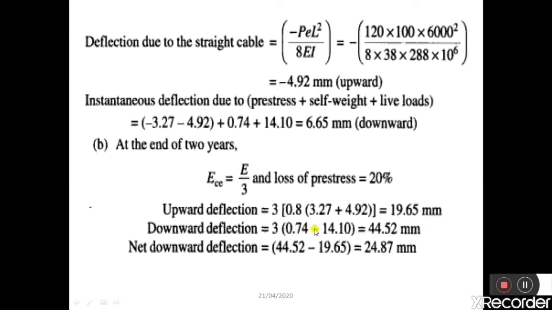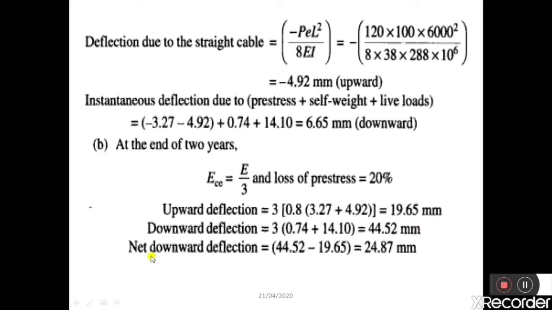So 0.74 is the deflection due to self weight, 14.10 is the deflection due to live load. So both deflections are in downward direction. So total downward deflection is equal to 3 Young's modulus into total deflection, that gives 44.52 millimeter.